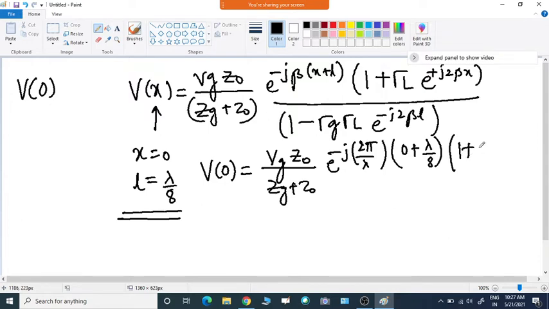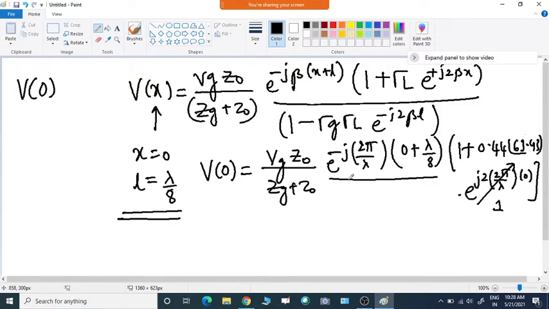So what is gamma L? It is 0.44 at an angle 63.43. That is the value of gamma L into e power j2 beta x, where beta is 2 pi by lambda and x is 0. So this will go to, sorry, this value is 1. So the only remaining value is this one. Now the denominator, since gamma g is 0, you will get the value 1.